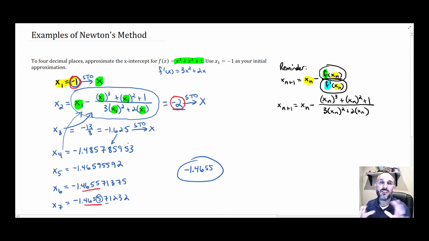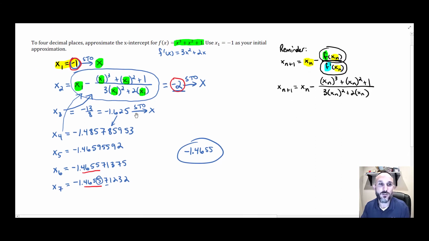And this is the type of thing that computers do to actually find x-intercepts or solutions to equations. Now, there may be more efficient techniques than this one, but this is an excellent introductory technique for a basic calculus student. Okay, so it's really fascinating that you can do this just with this derivative idea.